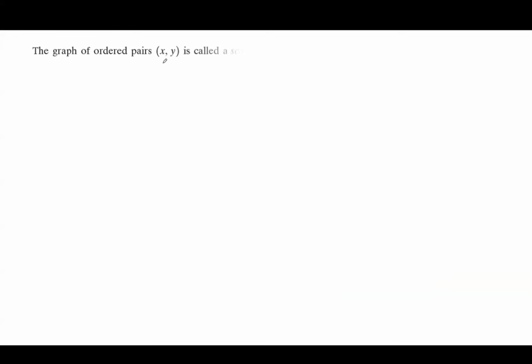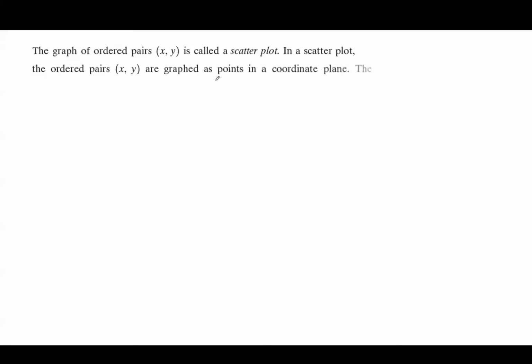The graph of ordered pairs X and Y is called a scatter plot. In a scatter plot, the ordered pairs X, Y are graphed as points in a coordinate plane, or XY plane, as you learn in algebra.